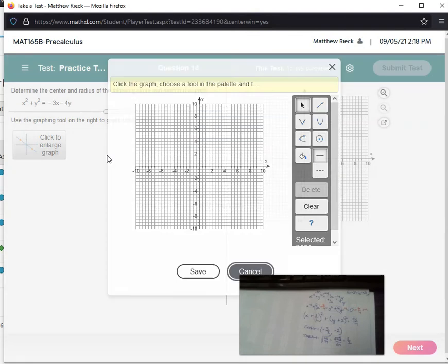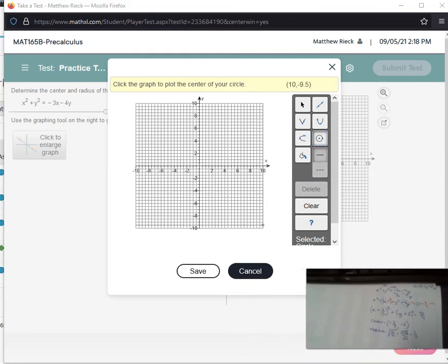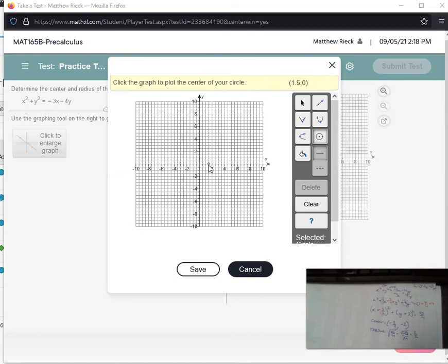In this case, it asks us to graph it. Okay, so in this case, you want the center at negative 3/2, so that's negative 1.5. All right, negative 2. Okay, that's perfect. And then our radius is going to be 5/2. So if I take negative 3/2 plus 5/2, I might end up with 2/2 or 1.